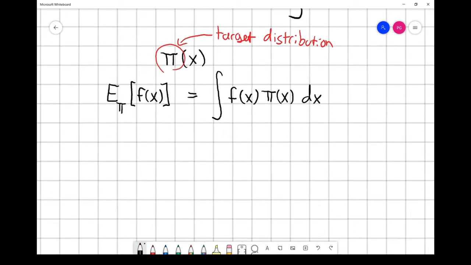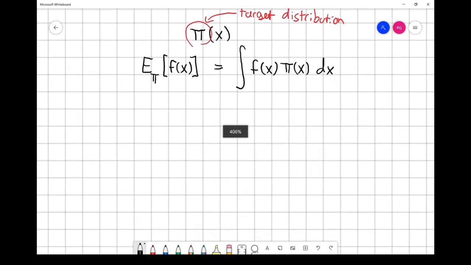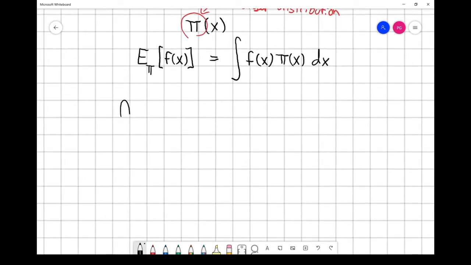So one of the things we might do if this integral is difficult for whatever reason is we might decide that we want to try and get a Monte Carlo estimate. So what does this involve? Well, let's say somehow we have a way of generating samples from our target distribution.